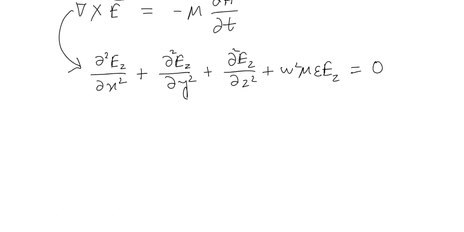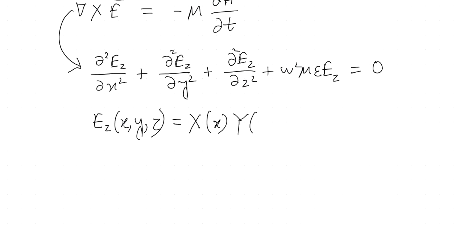So we are going to assume that Ez, which is dependent on x, y, z, is defined by the multiplication of three functions, capital X, capital Y, capital Z. And capital X is a function that is only dependent on the x coordinate.